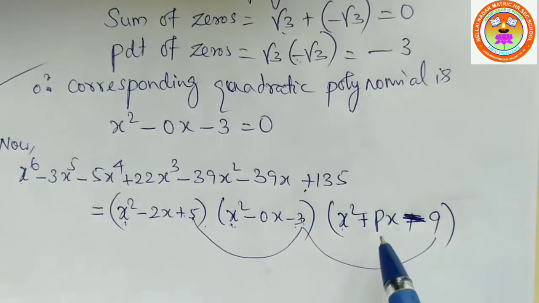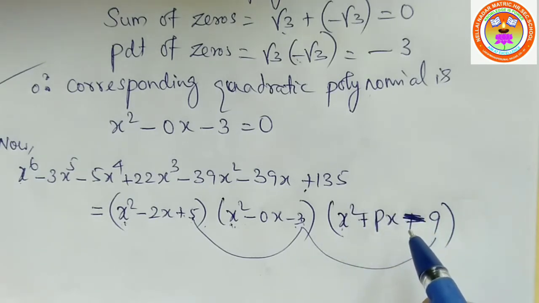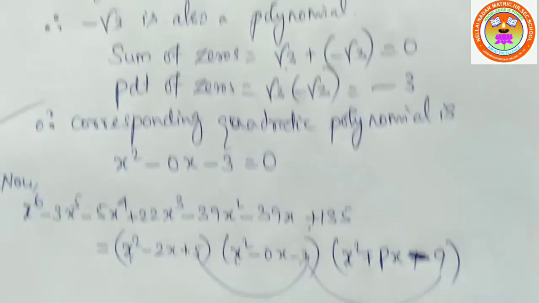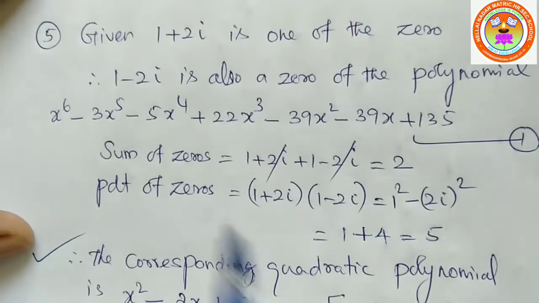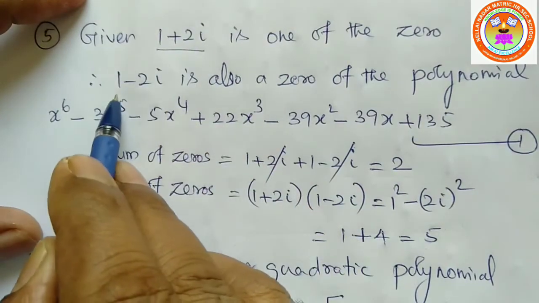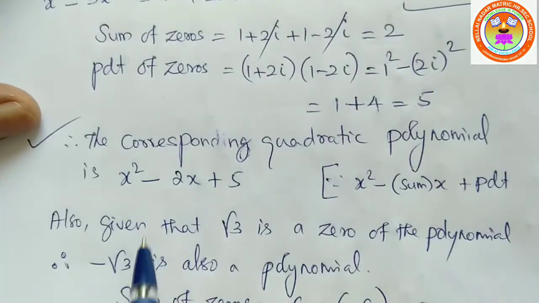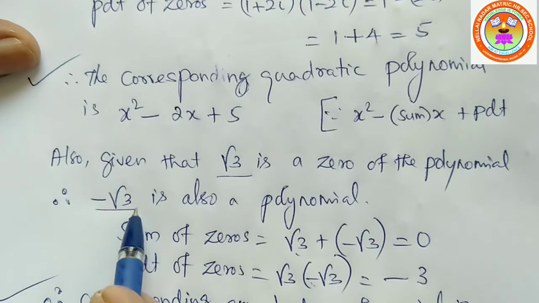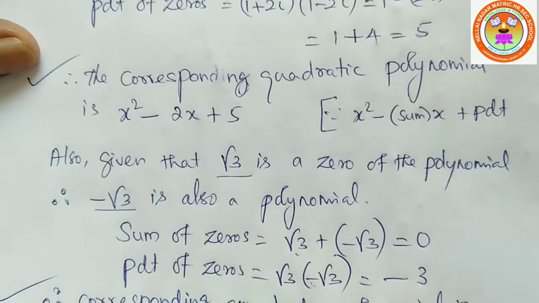Suppose if we know the term p, then if we solve this polynomial, we will get the remaining two more zeros. Reason is, already we got 4 zeros, that is 1 plus 2i, 1 minus 2i, then 3 and root 3. So 4 zeros are already over.